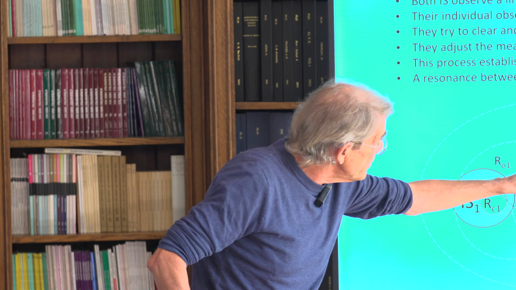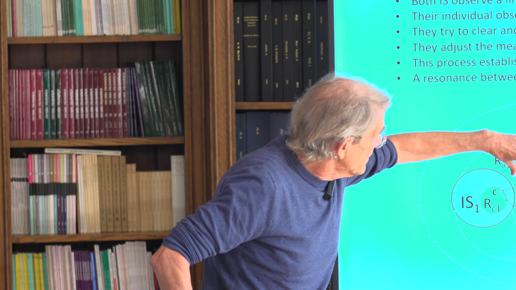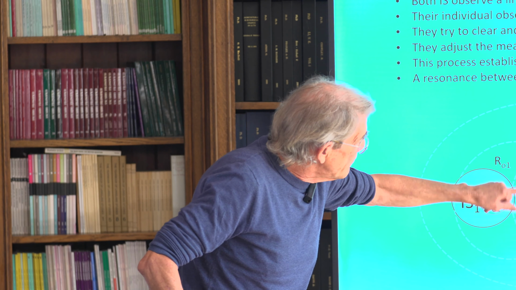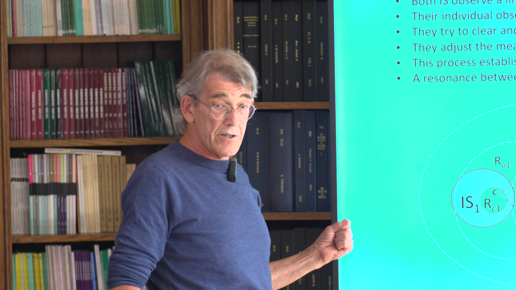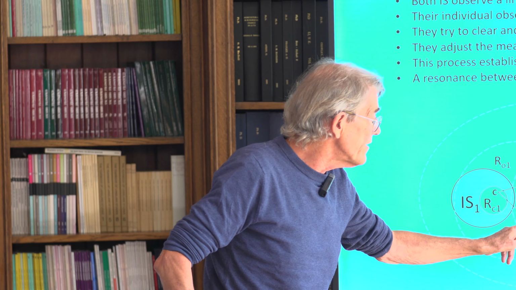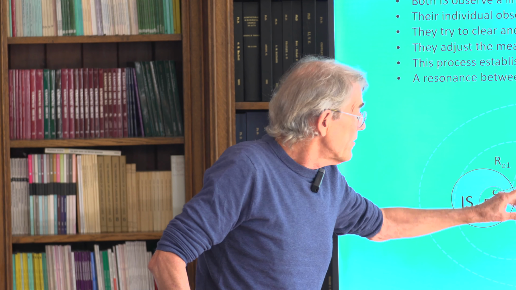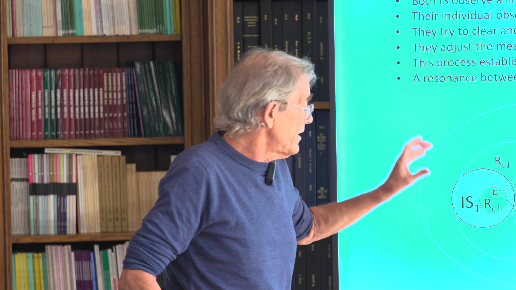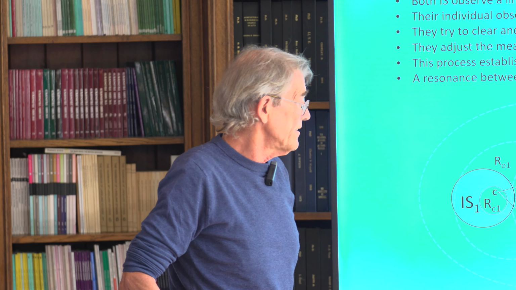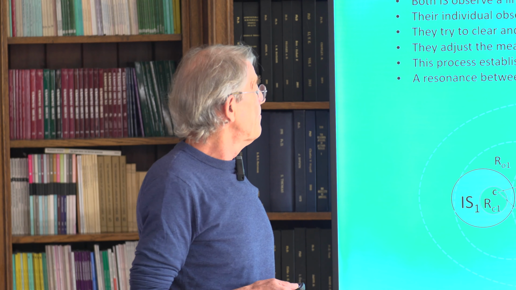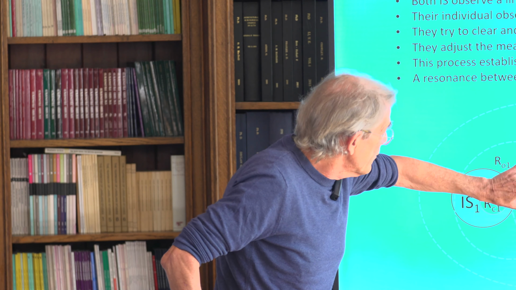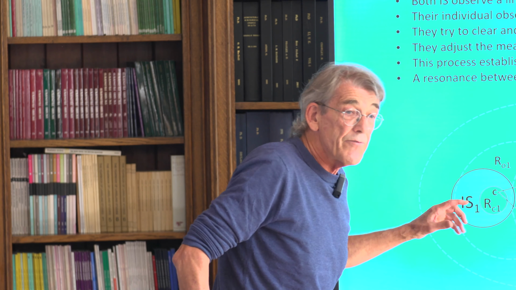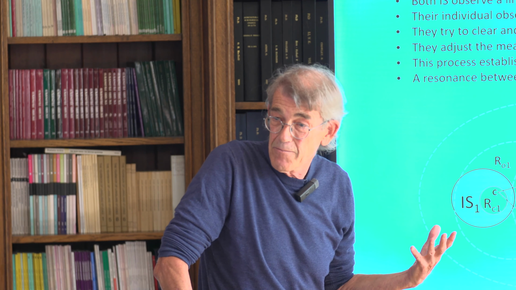And there is a common part where the two players can talk because they know the words and they see the objects. So they have a common reality, a common observed reality. And there must be a resonance between these pictures in the heads. If there is no resonance, it will not work.